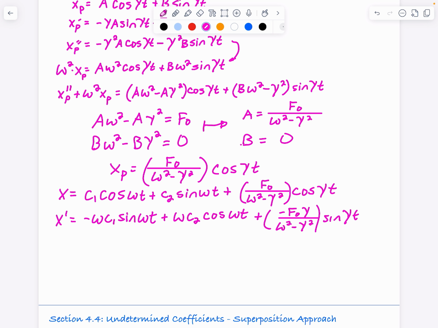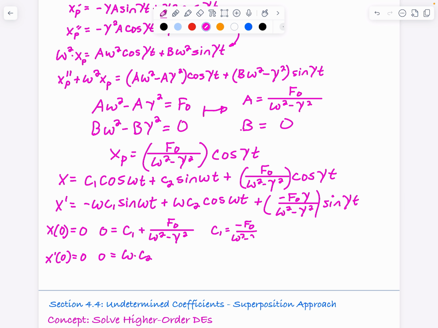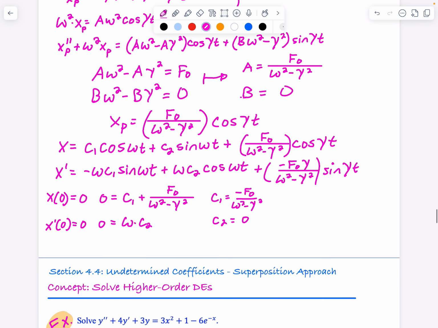All right, everything's looking the right way. So now if I do x of 0 equals 0, I'm going to get 0 equals c1 plus f naught over omega squared minus gamma squared. And then x prime of 0 equals 0 gets me 0 equals omega times c2, and that's it. So c1 is negative f naught over omega squared minus gamma squared, and c2 is 0.